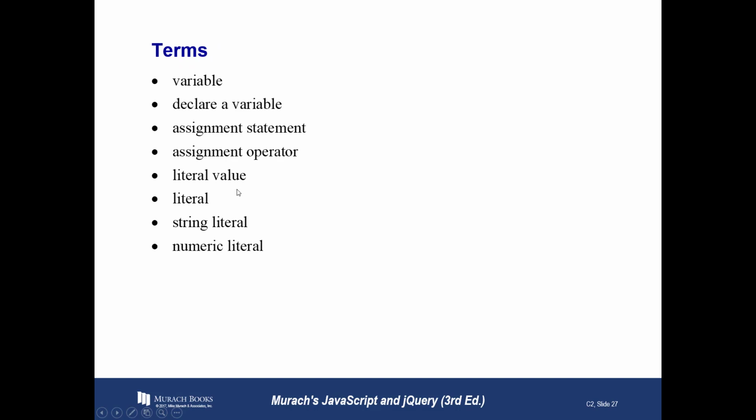So a variable is basically a memory location whose value may change or vary during a program. Declaring a variable is var followed by the variable name. An assignment statement is taking something on the right and assigning it to something on the left. The assignment operator is the equal sign.